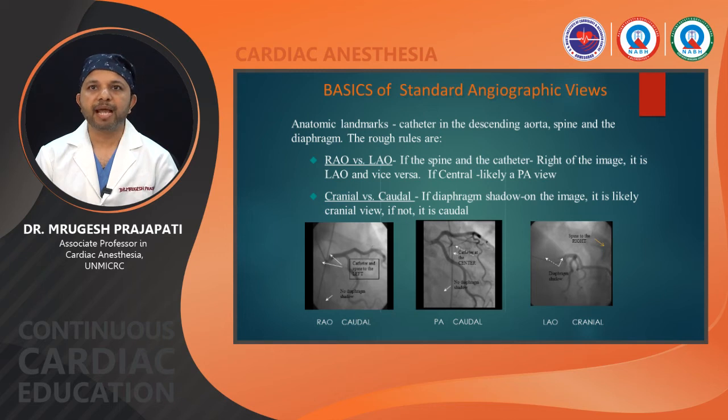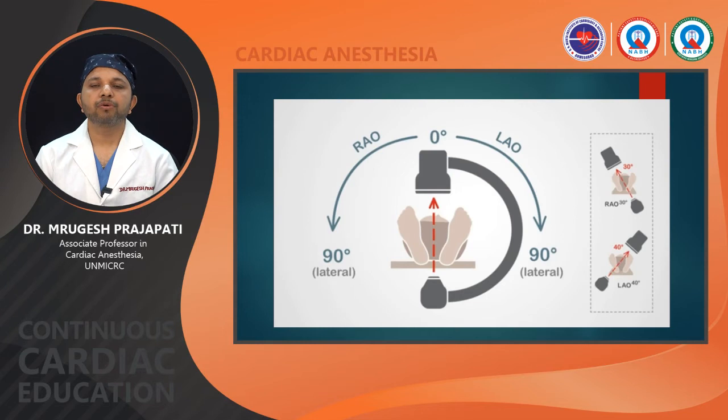Similarly, if the diaphragm shadow is present on the image, then it is likely a cranial view, and if it is not present, then it is a caudal view. So, how is the nomenclature of this angiographic view given? Basically, it depends on the position of the image intensifier when we do angiography of the patient.